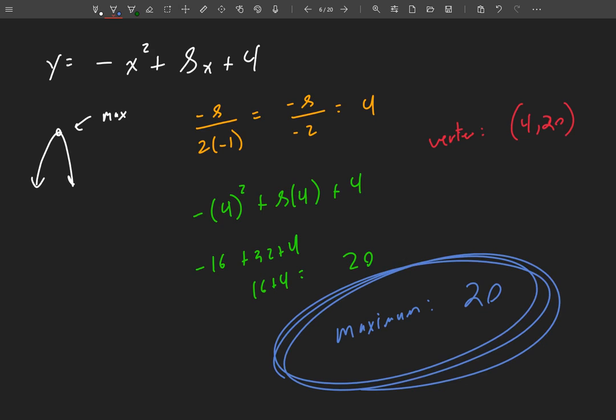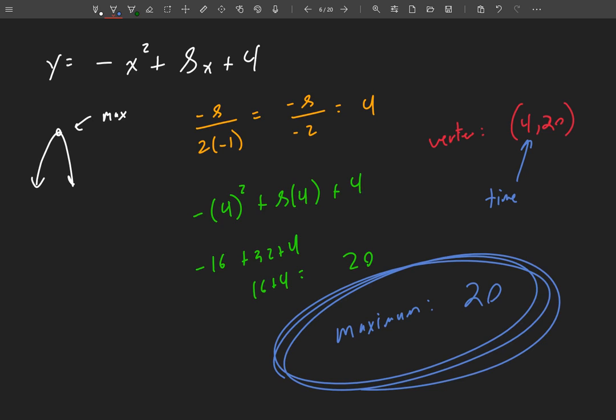Now, one little extra piece of information is kind of interesting to me. You might ask, well, what does this number here signify? What does that represent? Well, you can think of it as kind of telling you when this maximum happens. So if you were to think x is time and say y is a height, or y is maybe a cost associated with some kind of business model, then this number is going to be when, usually.